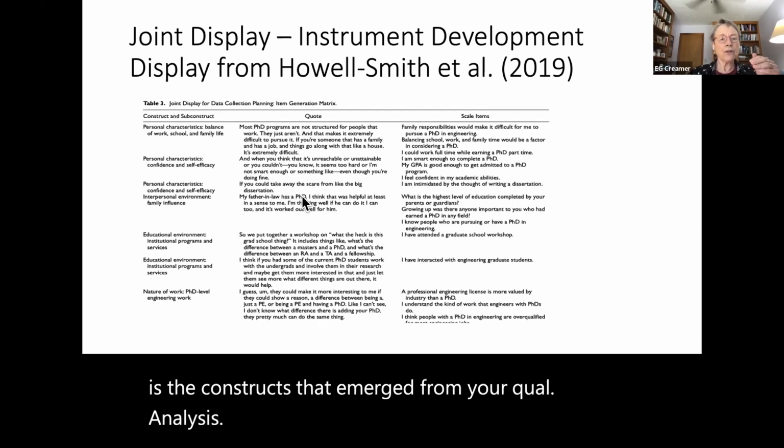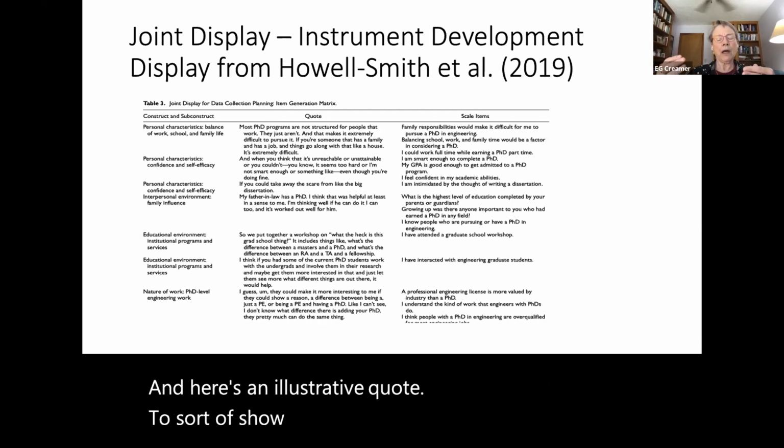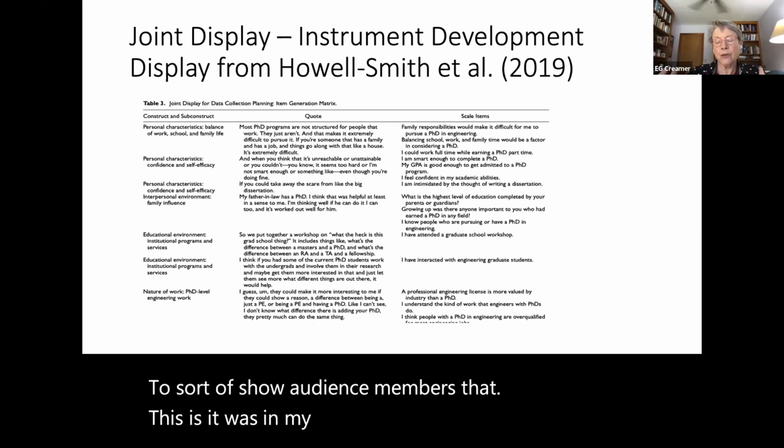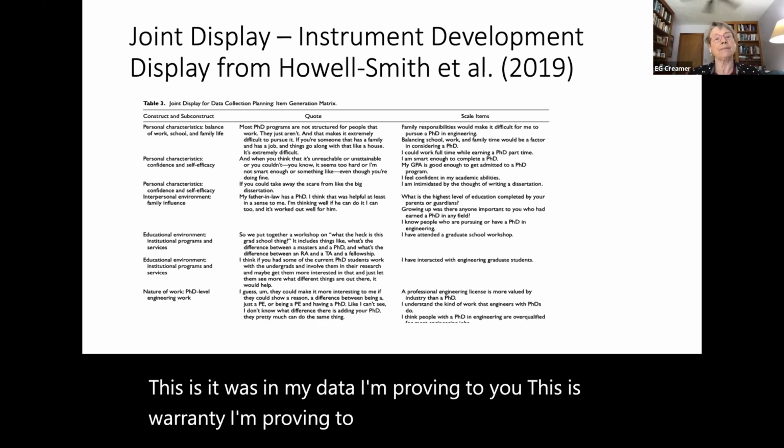And here's an illustrative quote to show audience members that this is real. It was in my data. I'm proving to you it was in my data. I didn't make these constructs up.